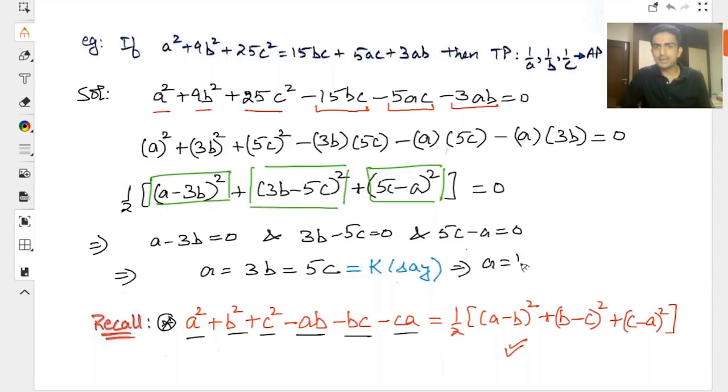So my a is k, b is k by 3, and c is k by 5. It's one of the standards. Always remember, when you have 3, 4 or 5 terms given to be equal, you always call all of them equal to k. As they are equal, they must be equal to something. Let that be k.